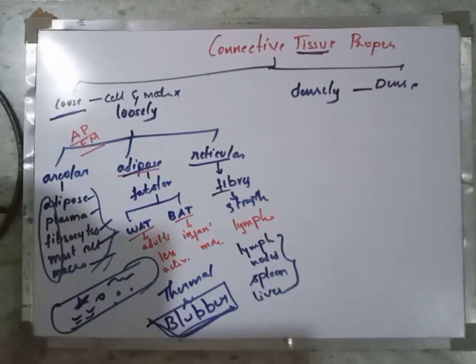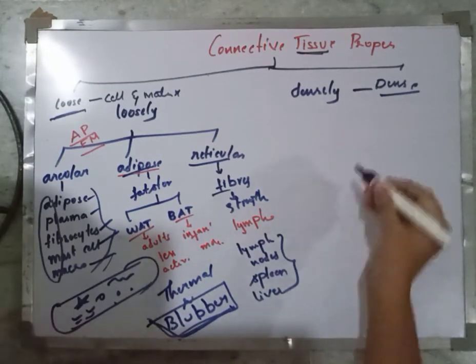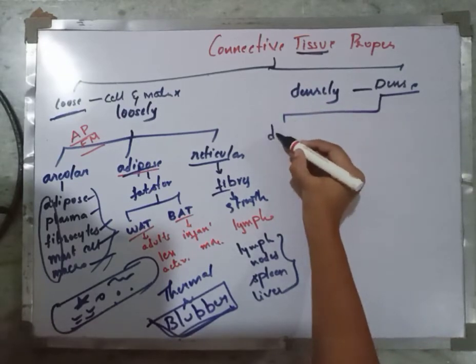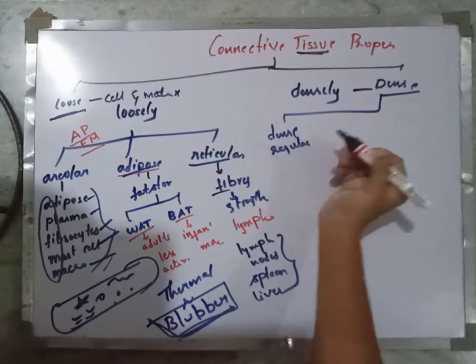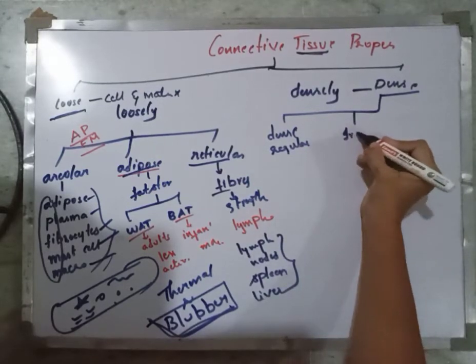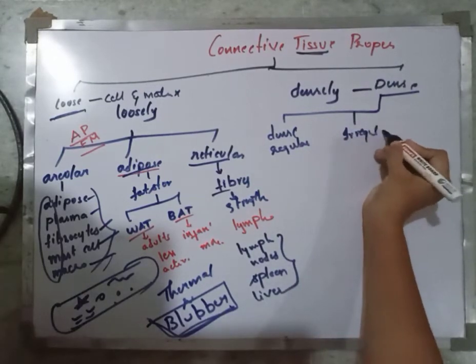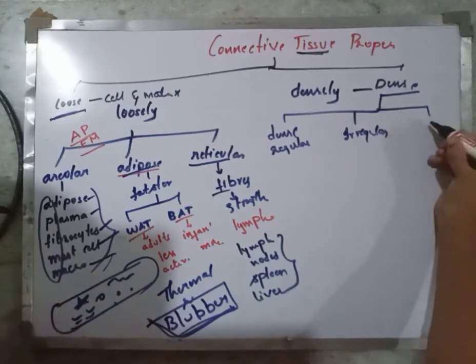And the second one is dense connective tissue. Dense connective tissue is further classified into three types. The first one is dense regular tissue, the second is dense irregular tissue, and the third one is elastic tissue.